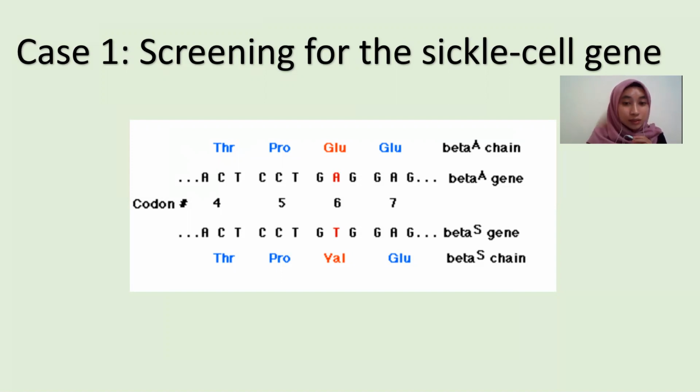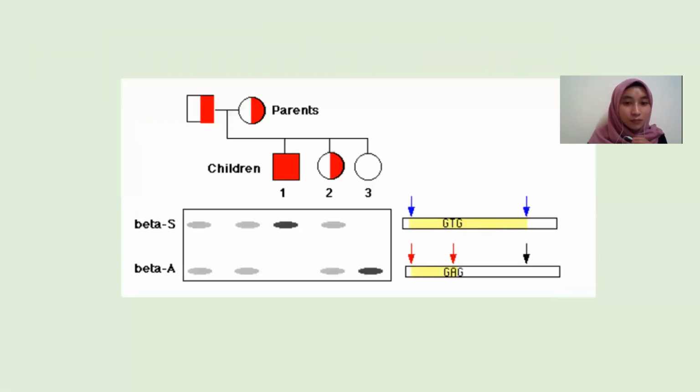This small substitution converts a GAG codon to GTG, and this also abolishes the CTGAGG to CTGTGG site, which spans codons 5, 6, and 7 that is recognized and cut by one of the restriction enzymes.